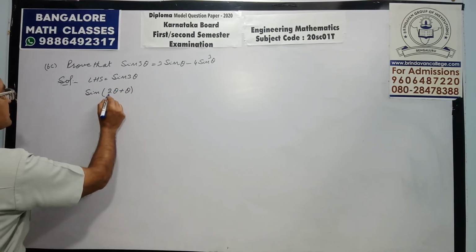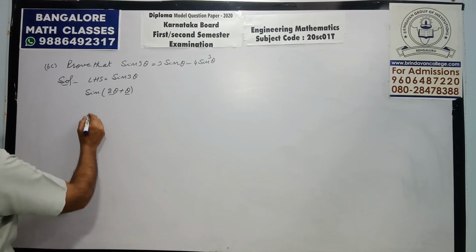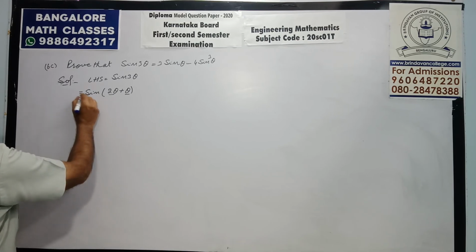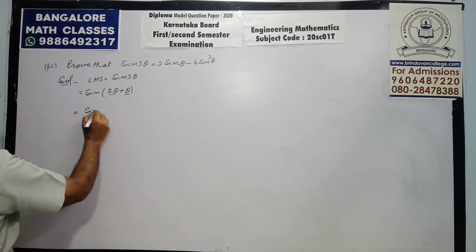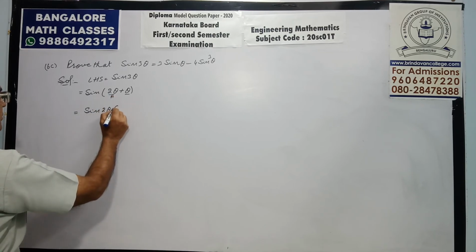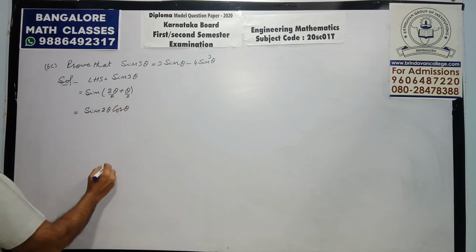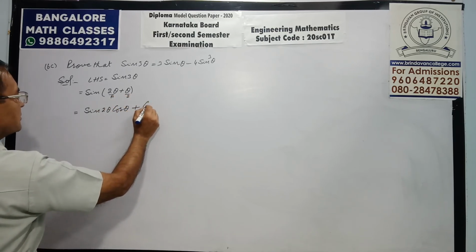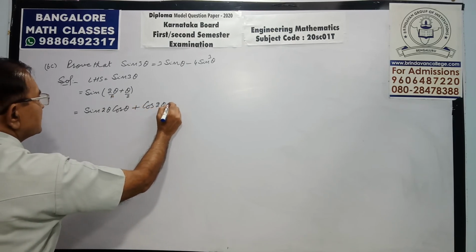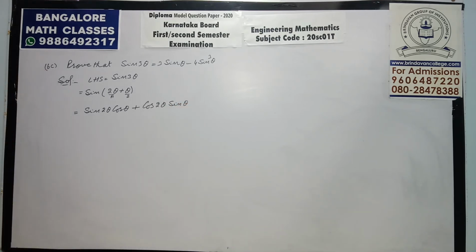Now it's like sin A plus B equals sin A cos B plus cos A sin B. Here it is sin 2 theta cos theta plus cos 2 theta sin theta.